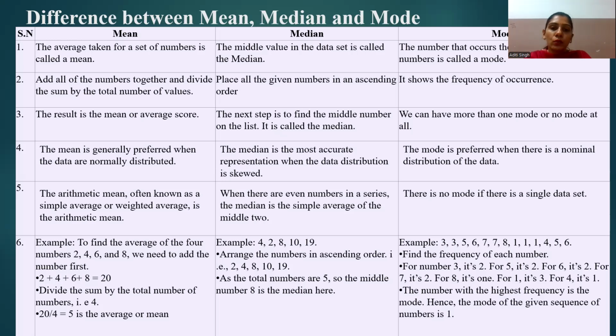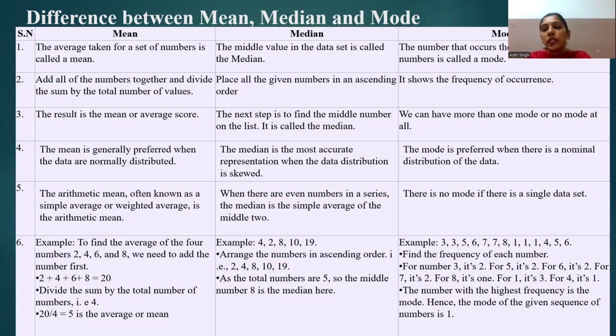While doing practical questions, we denote median with M. The median is denoted by M, and the mean is denoted by X bar, as we have already seen in numerical questions.